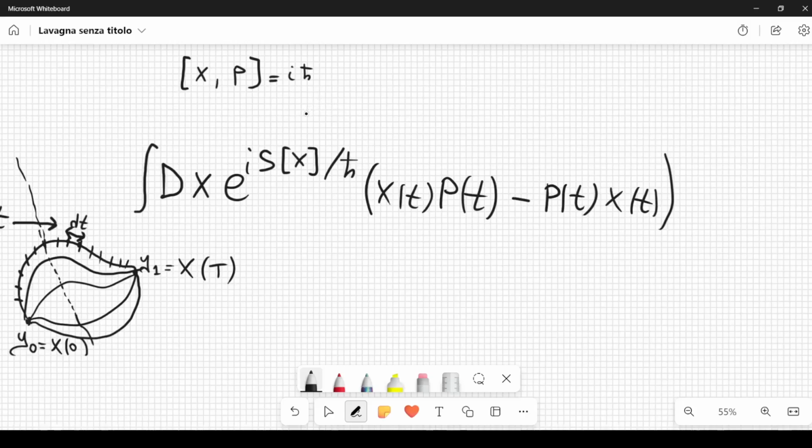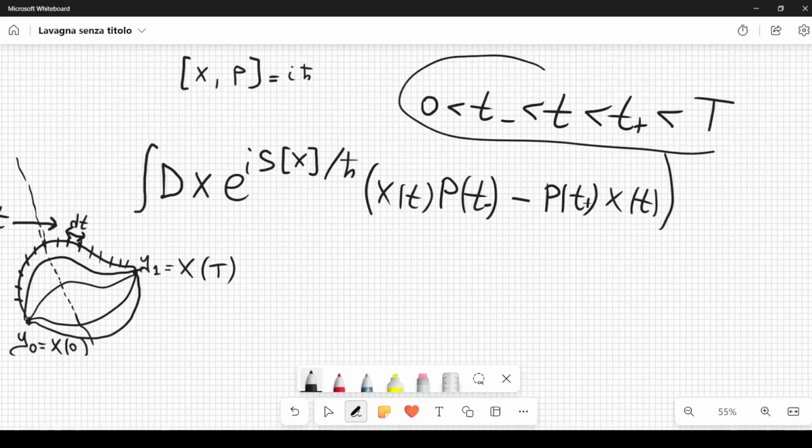One way to do that is to consider, for example, the following things. So instead of considering time t here, we put t minus, and instead of considering t here, we are going to put t plus, like this. So we think that we are considering the following intervals. So 0 is less than t minus, which is less than t, which is less than t plus, which is less than capital T. So we are considering this interval here, and here we are considering t minus, and here we are considering t plus.